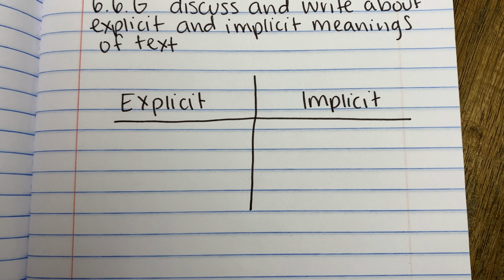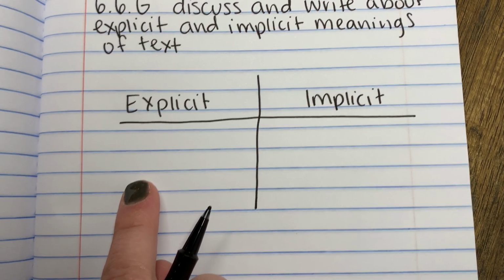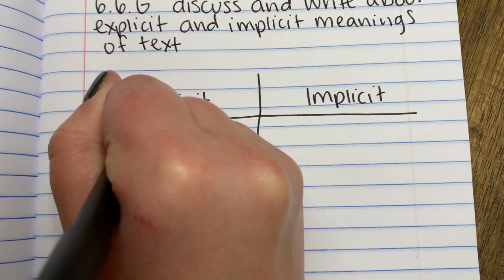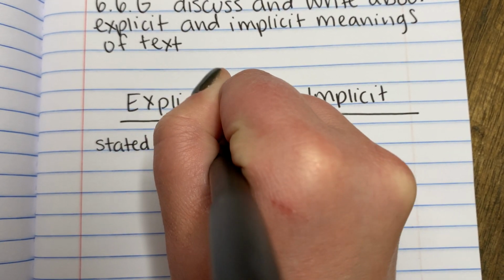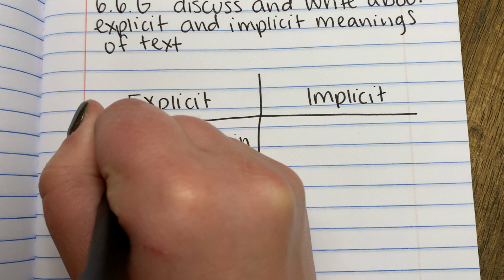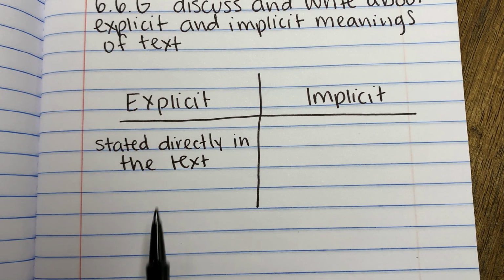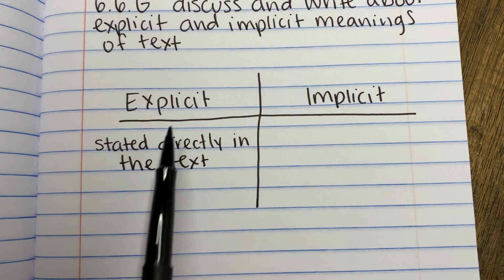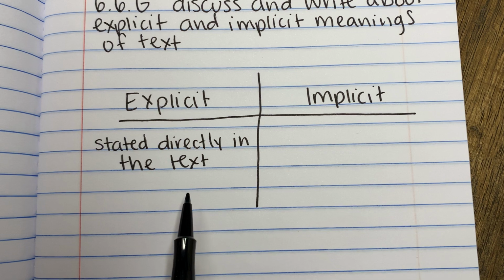So something that is explicit is something that is stated directly in the text. So this would be a sentence that, like, if it said the girl is wearing pink, well, that's explicit because we now know that the girl's wearing pink because it was stated directly in the text.